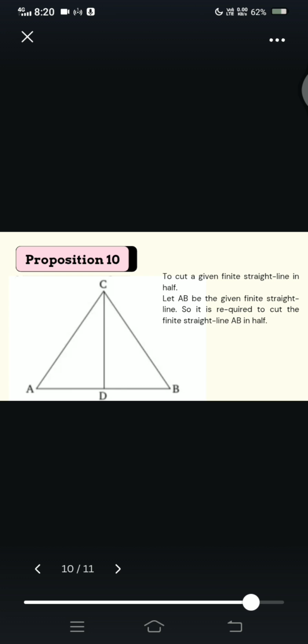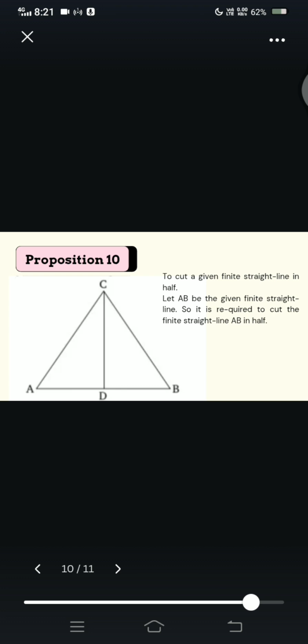So since the line CD is a side of both our triangle ACD and the triangle CDB, and line AD and line DB serve as the bases of our two triangles.